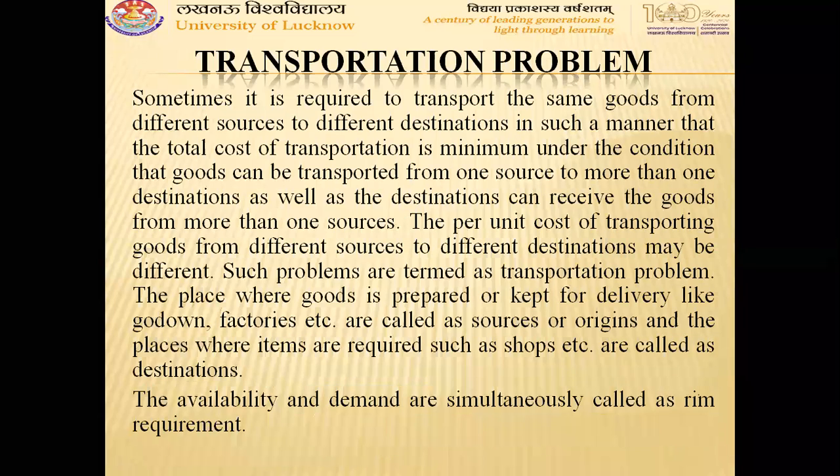The transportation problem arises when the same goods are to be transported from different sources to different destinations in such a manner that the total cost of transportation should be minimum, under the condition that the goods can be transported from one source to more than one destination, as well as one destination can receive the goods from more than one source. The per unit cost of transporting goods from different sources to different destinations may be different.